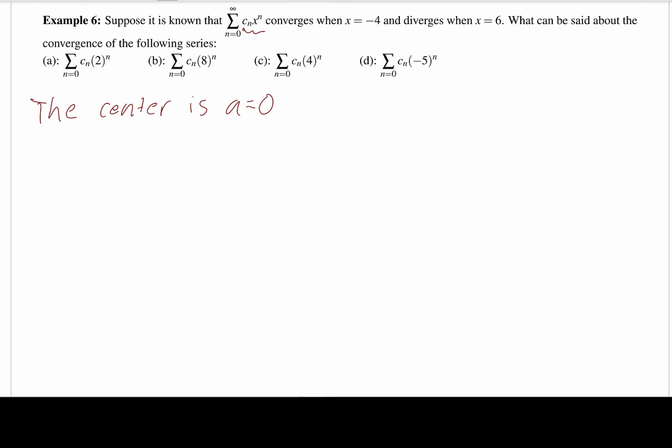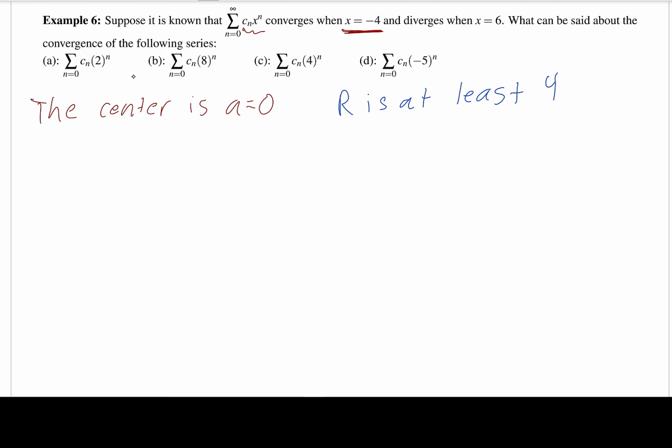Okay. And I know that it converges at x equals -4, which tells me that the distance from 0 to -4 is 4. So r is at least 4, right?